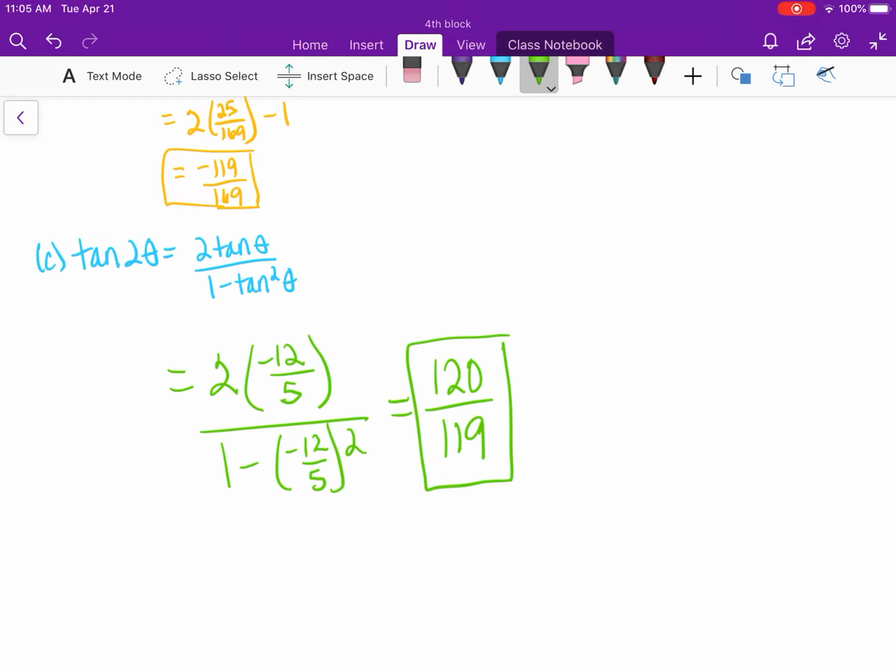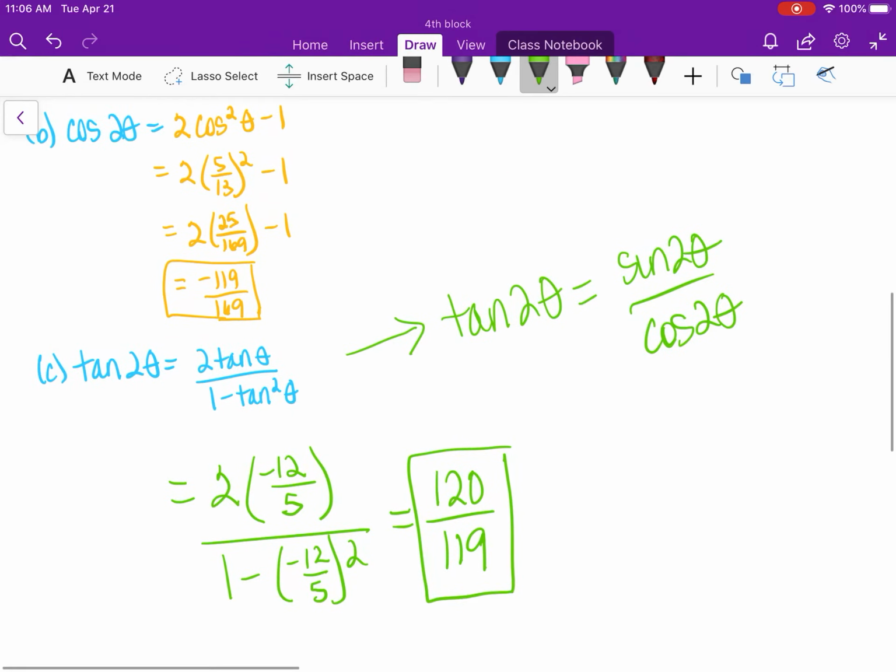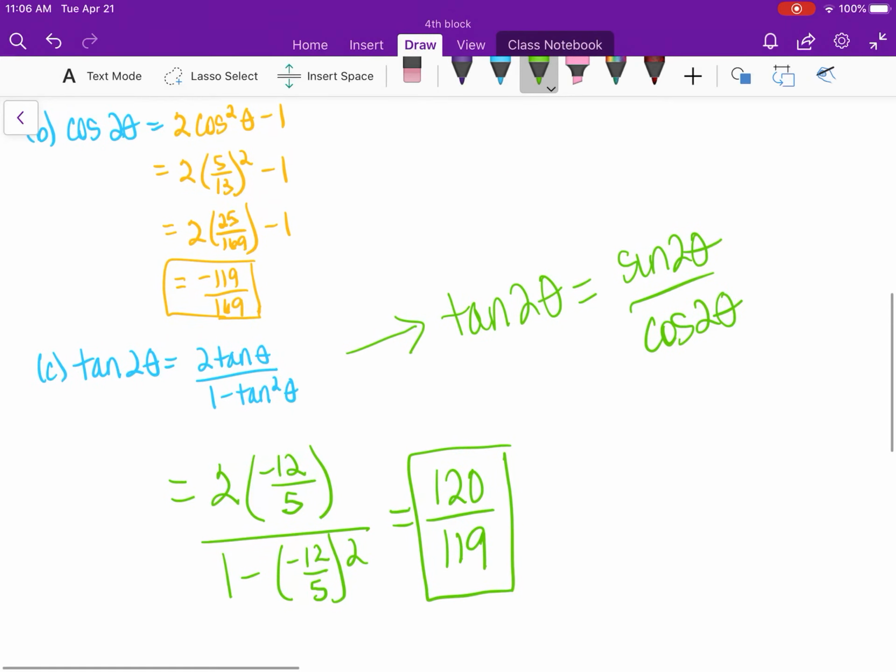Okay. Now, on this one, you also could have said that tangent of 2 theta would equal the sine of 2 theta over the cosine of 2 theta, because tangent is sine over cosine. You already know the sine of 2 theta and the cosine of 2 theta from that previous problem.